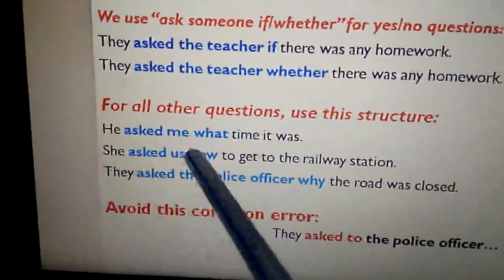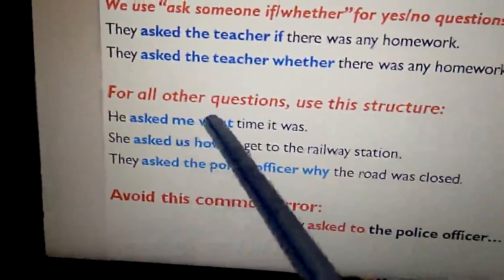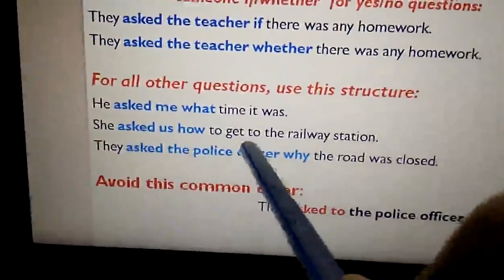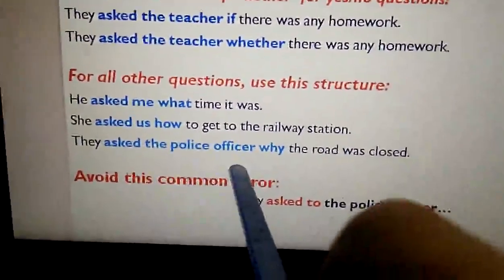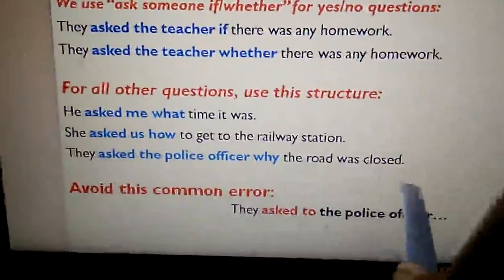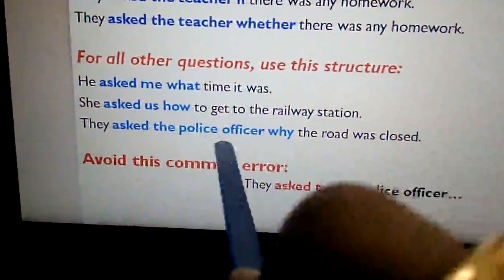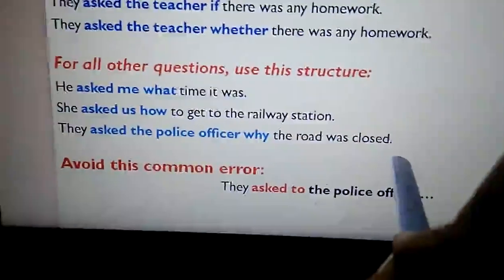He asked us, asked is the reporting verb, immediately followed by someone, and that is immediately followed by a question word. She asked us how to get to the railway station. They asked the police officer why the road was closed. Asked is the reporting verb, the police officer is the person, and immediately it was followed by a question word, why the road was closed.